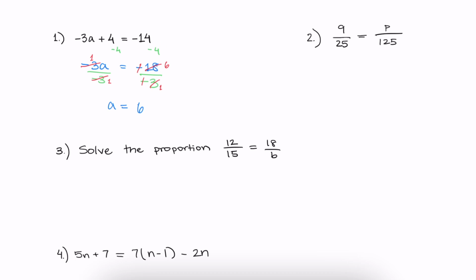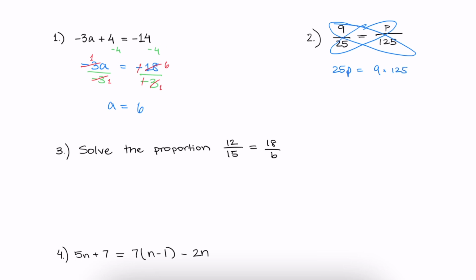For question 2, we're solving the proportion for p. We're going to use the butterfly method here, so multiplying like this and like this, we get 25p is equal to 9 times 125.